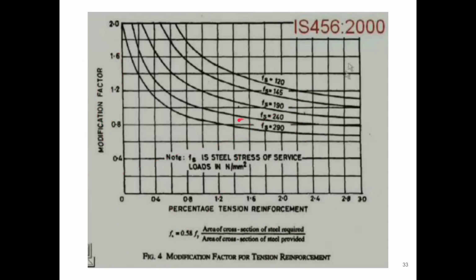But for this we first have to calculate the value of fs, the steel stress at service loads. Finding this is very easy. We multiply 0.58 with the yield strength of steel, whether it is 415, 500, or 250, and then multiply by the area of cross section of steel required divided by the area of cross section provided.